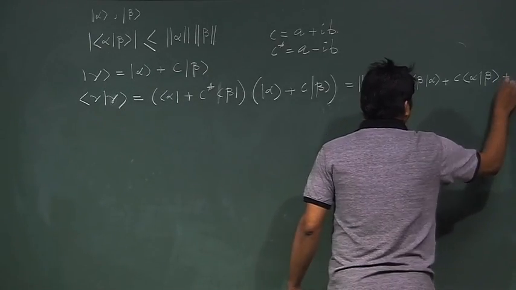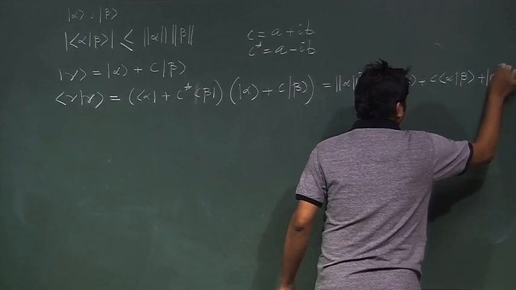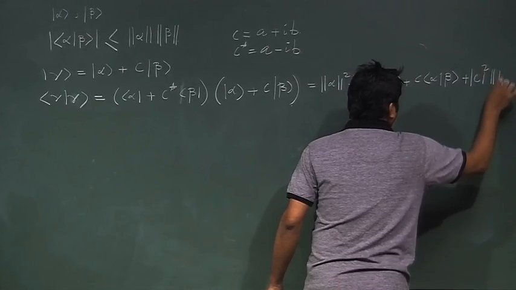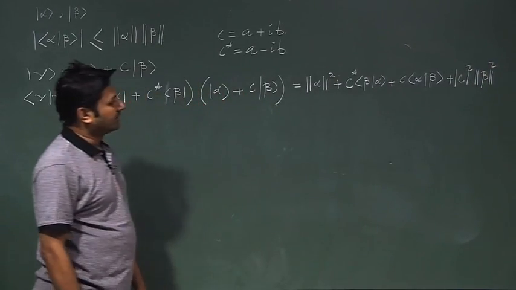So, finally I will have mod of c square into the norm square of beta. This will be my expression.